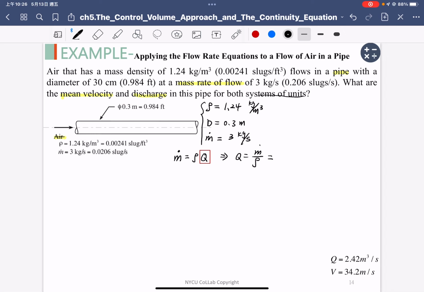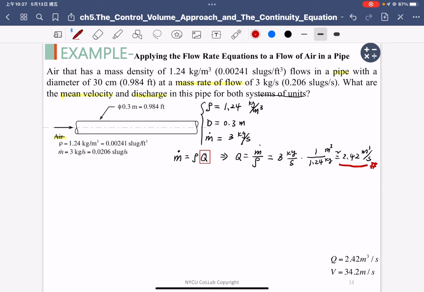The mass rate is 3 kilograms per second, divided by the density 1.24 kilograms per meter cubed. You can calculate it very quickly: 3 divided by 1.24 is around 2.42 meters cubed per second. So very quickly, we know this is our first answer.